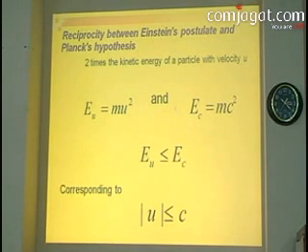So we define an energy Eu as u square, which is double the usual kinetic energy, and Ec will correspond again to mc square. If u is less than c, which is the Einsteinian velocity, in that case Eu will be less than or equal to Ec, corresponding to u less than or equal to c.